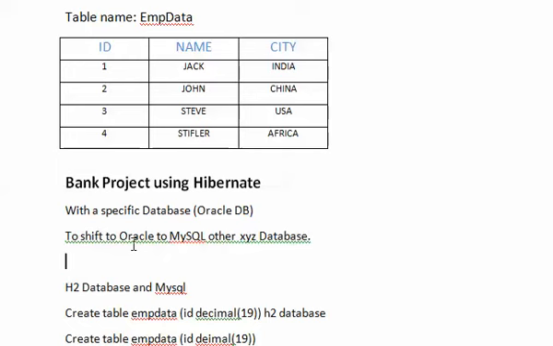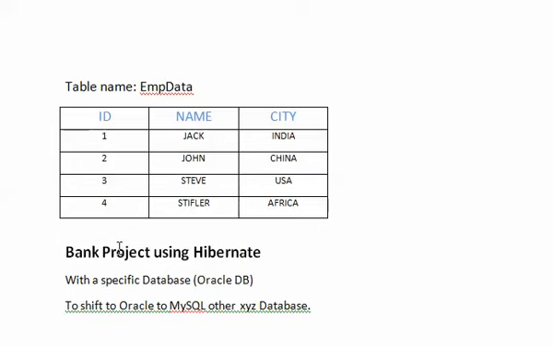So I think you got the logic why we use Hibernate and why Hibernate is so powerful. Now let me discuss a few more things also. If you ask me what kind of projects we can develop using Hibernate and what kind of projects we can develop using JDBC.